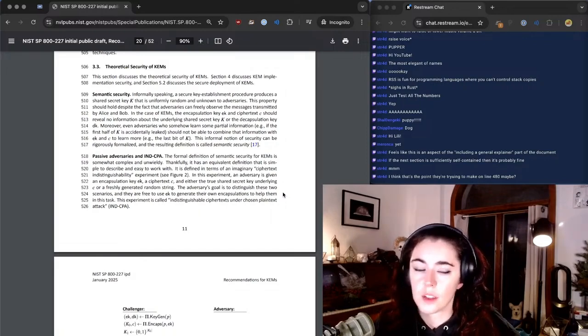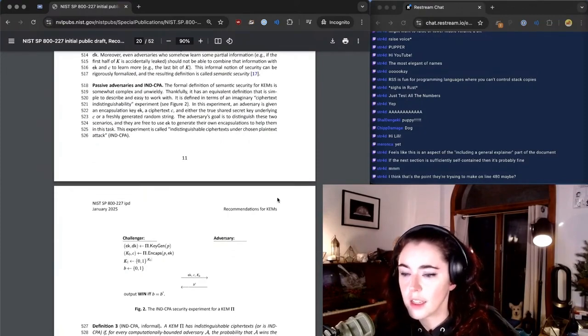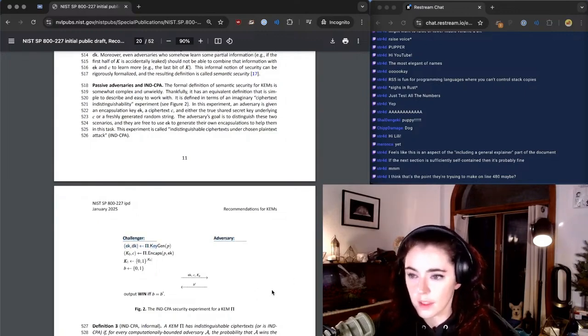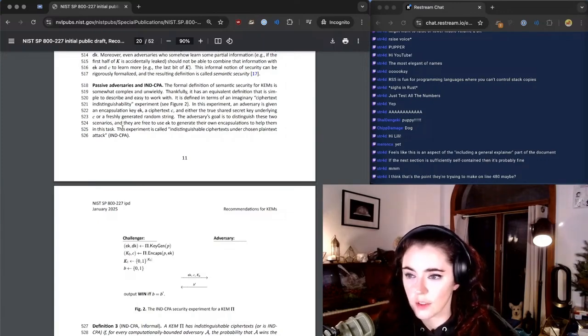Yeah, semantic security. Passive adversaries and chosen plaintext attacks. I love security game definitions. Now that I understand them, I love them. Yep. The adversary's goal is to distinguish an encapsulation key and ciphertext paired with either the true shared secret key underlying C, or a freshly generated random string.